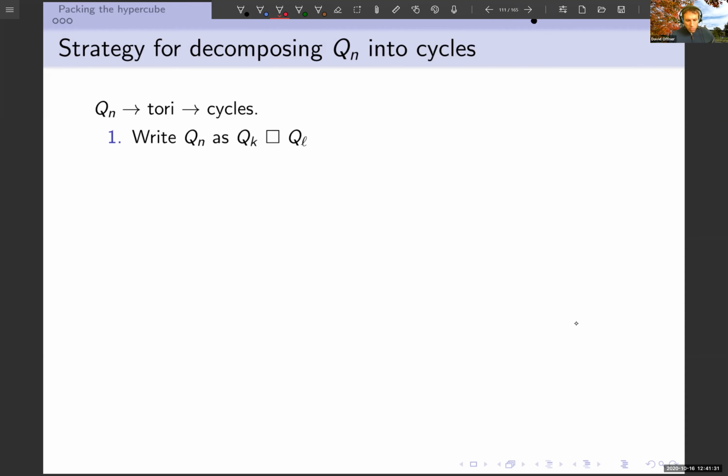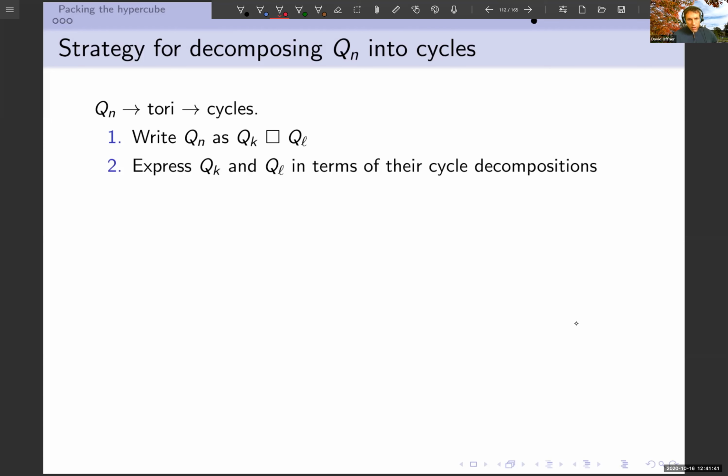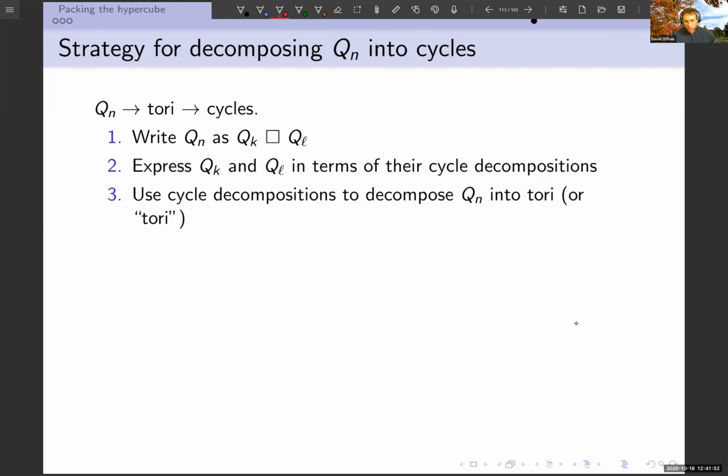Okay, so to put a little more meat on those bones, the idea is to write our hypercube Qn as a Cartesian product of some smaller hypercubes. Then inductively, we know that those smaller hypercubes are going to have some cycle decompositions. I'm going to use those cycle decompositions to decompose Qn into tori, and where it gets complicated is this isn't always possible.